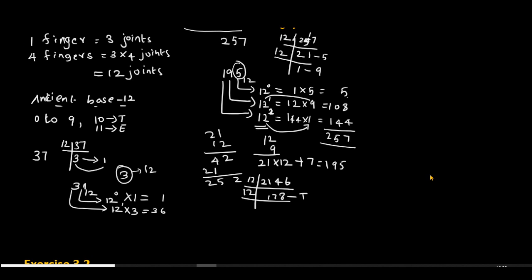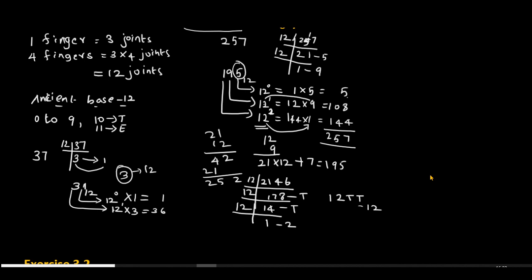Once again, the remainder is 10. You need not write a number for 10; you indicate it as t. Then 1 time, remainder 2. So when you write this in base method: 1, 2, t, 12.